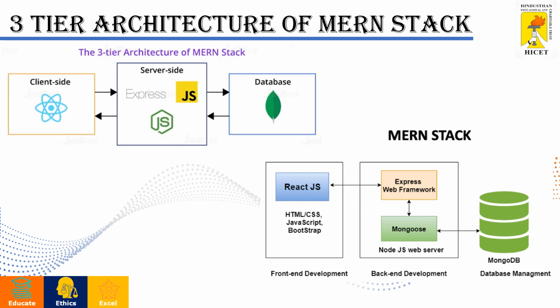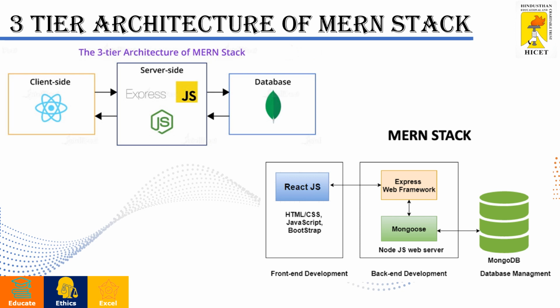The first layer is the web or front end tier, which is the top tier of the MERN stack, and it is handled by React.js, which is an open source front end JavaScript library for building web applications. It is used for creating dynamic client-side applications and it is also used for constructing complex interfaces. And reusability of the code is also allowed in this.